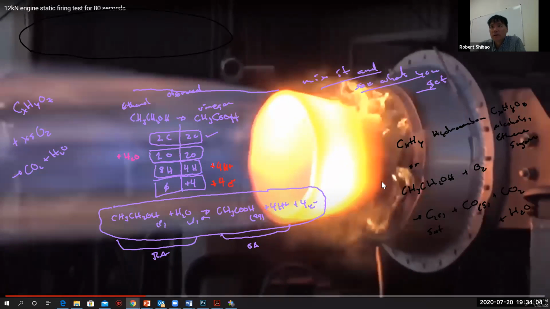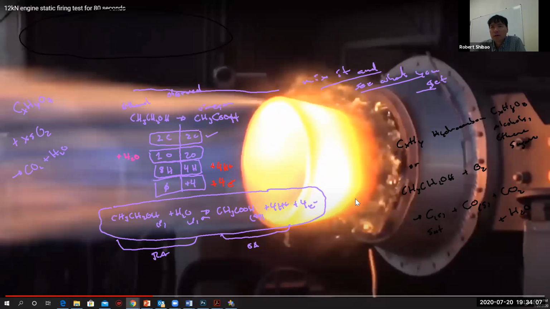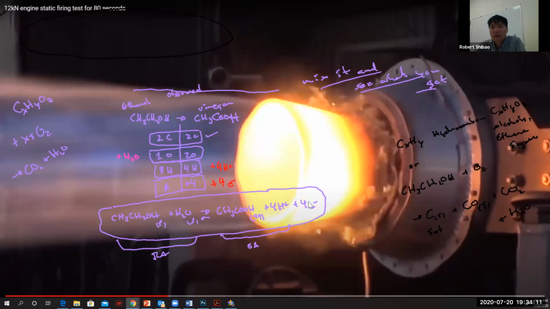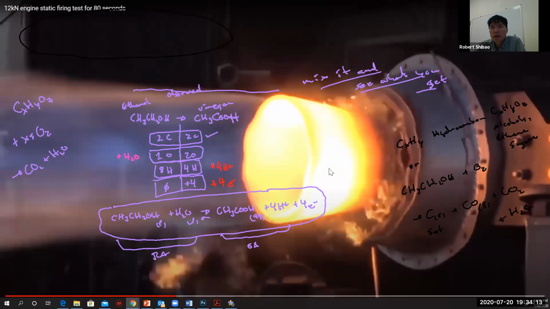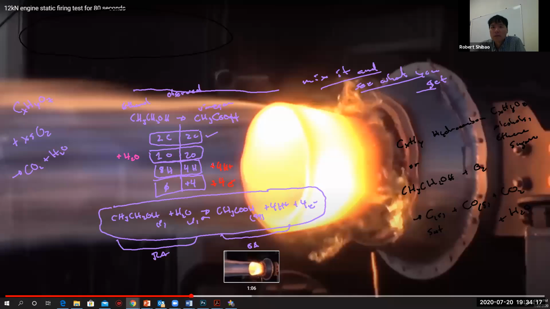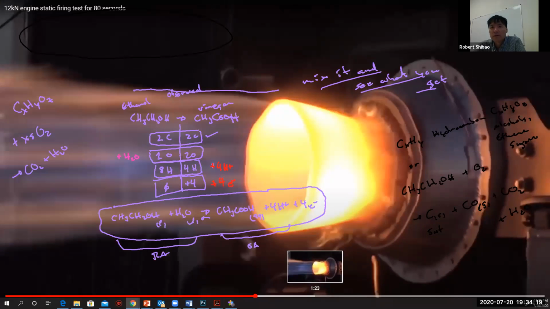This is burning insulation here. This is starting to glow. This, I think, is ceramic, starting to glow white hot. Let's fast forward.